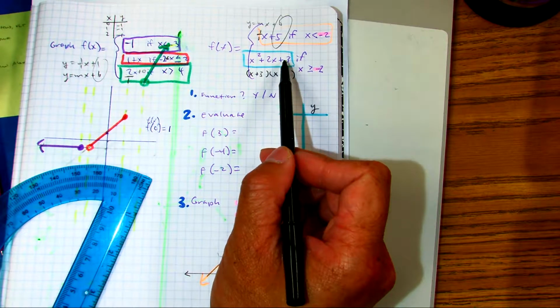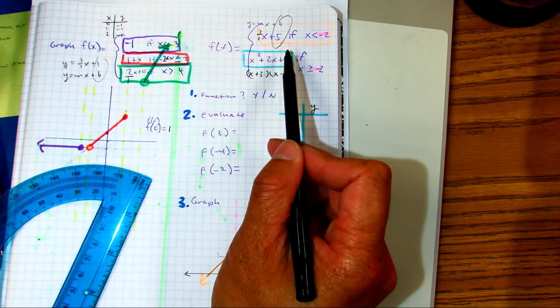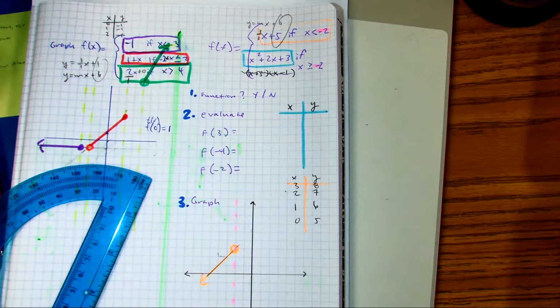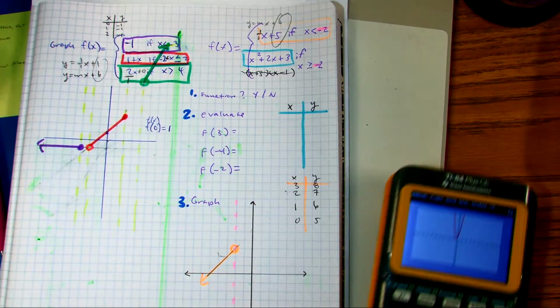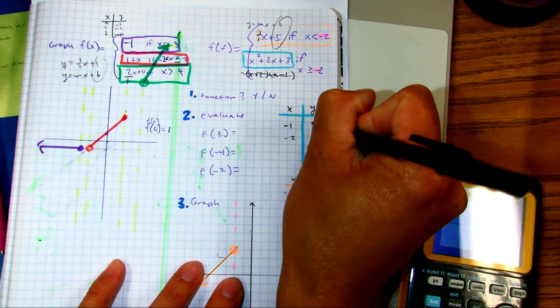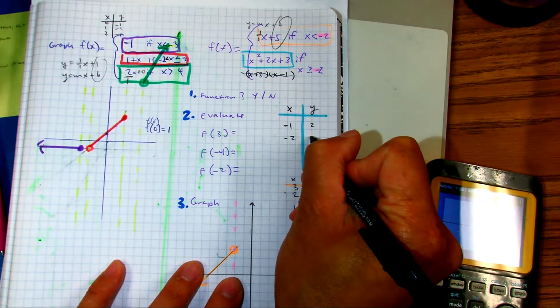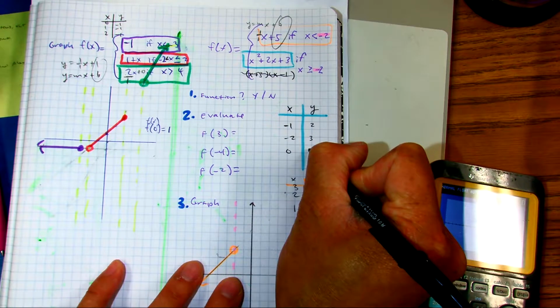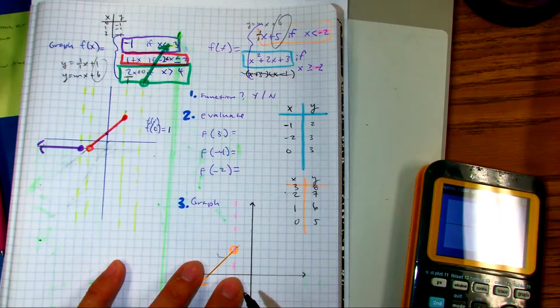So can we factor? No. So that one's probably prime. Okay. How do you graph that now? Okay. Can you give me some values that you put in with your calculator? -1. What did you get? 2. -2. 3. 0 is 3. That's it?